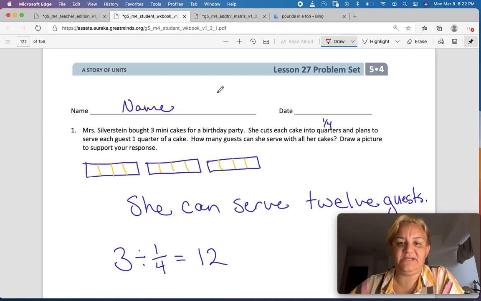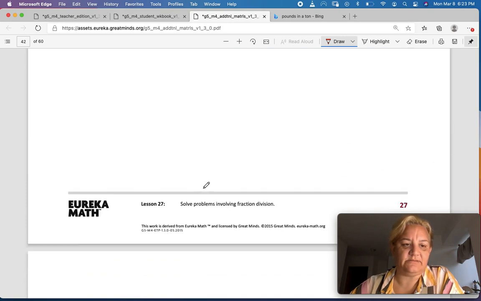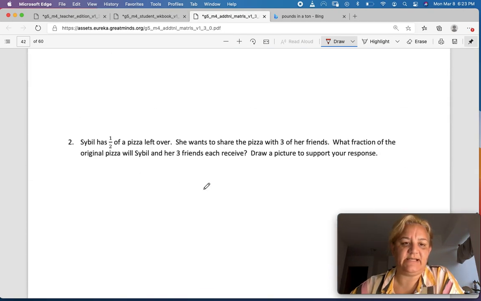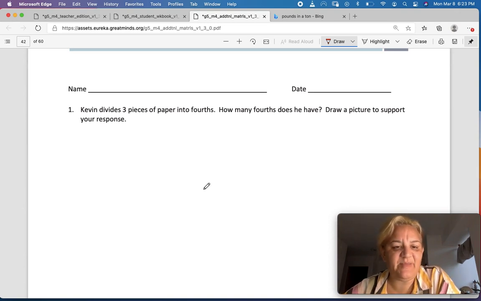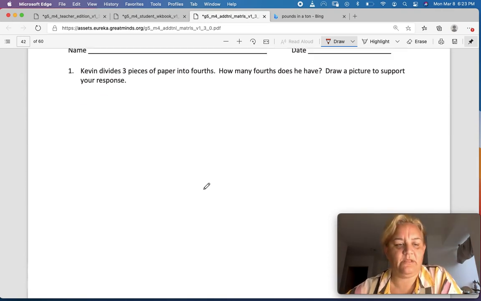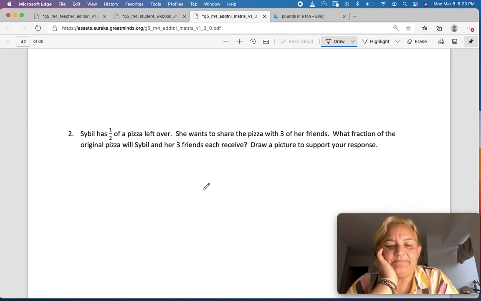All right, when you finish the problem set, upload it, go to your exit ticket, and let's see, the exit ticket just has 2 questions on it. Let me read them quickly. Kevin divides 3 pieces of paper into fourths. How many fourths does he have? Oh, that one's not too bad. And Sybil has 1/2 of a pizza left over. She wants to share the pizza with 3 of her friends.